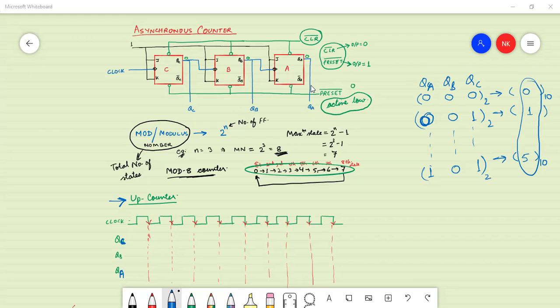What I have told you is that we are going to design an up counter. For an up counter, the initial state should be 0 0 0.